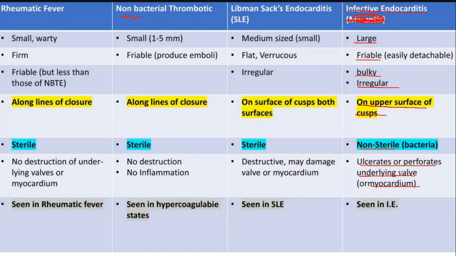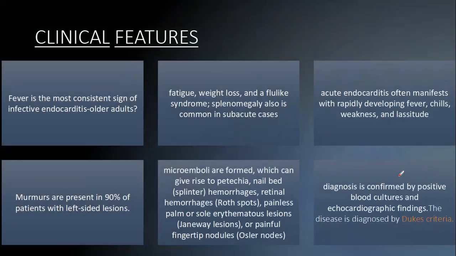So, clinical features. I need you to understand fever is the most consistent sign of infective endocarditis, but in older patients or adults, it may be absent. So you need to look out for other clinical features such as fatigue, weight loss, flu-like syndrome, splenomegaly.